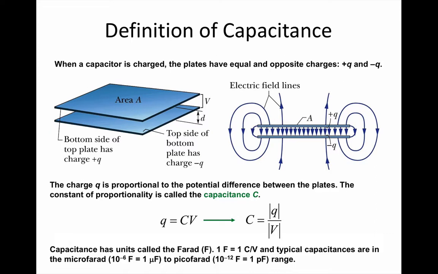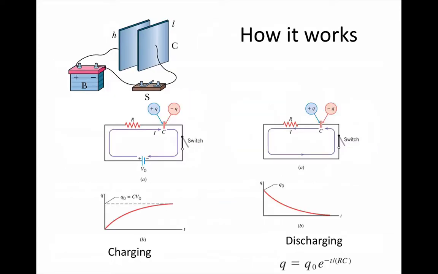The way a capacitor works is that you start with it connected to a voltage supply. This is what we see in the left-hand circuit here. The resistor is in there as well to limit the current. Now current can't flow across the capacitor because it has an air gap in the middle.